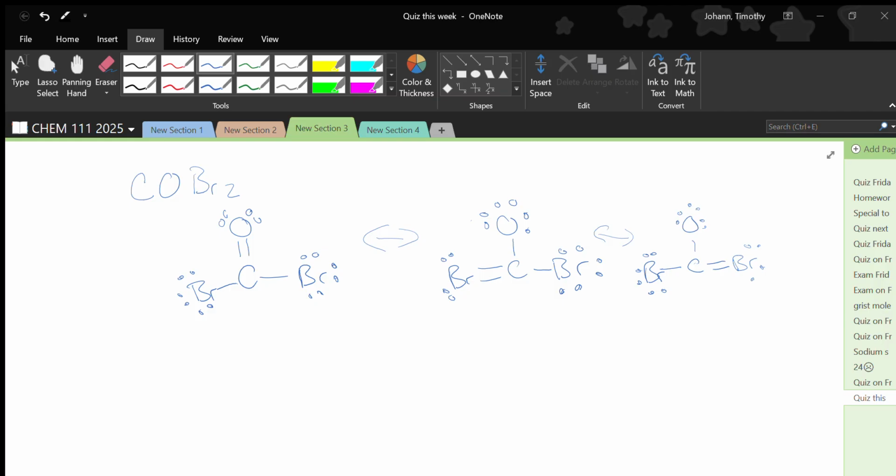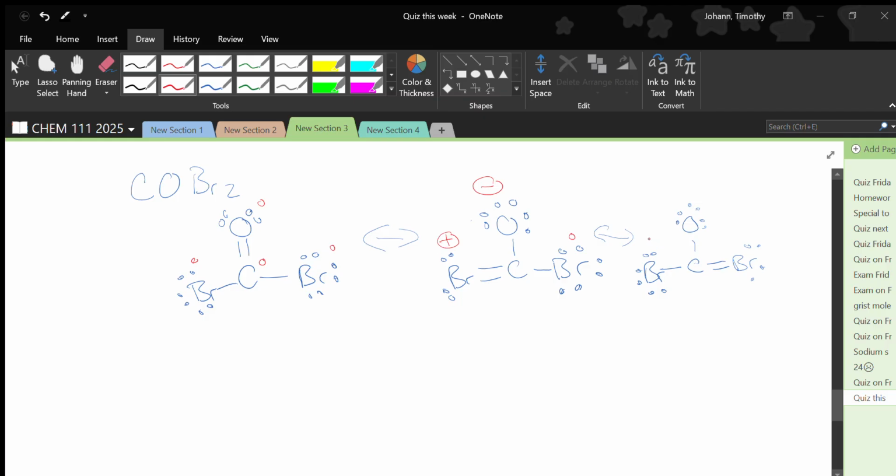So let's do formal charges. I'm just going to do them because we're running short on time here. Formal charge on oxygen is 0 for all those, okay? You don't need to draw the zeros. If I ask you for formal charge and you draw zeros, great. Over here, what are the formal charges going to be? I'm going to end up with a positive charge on the bromine, a negative charge on the oxygen, and 0 on the other.